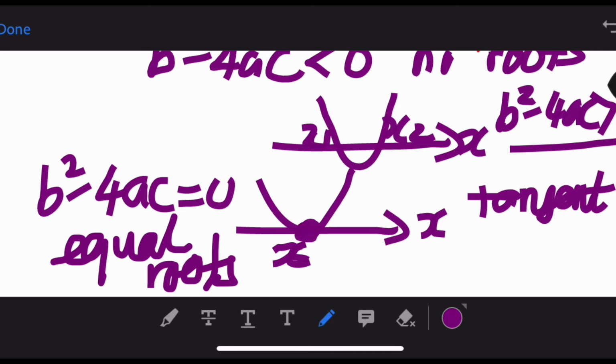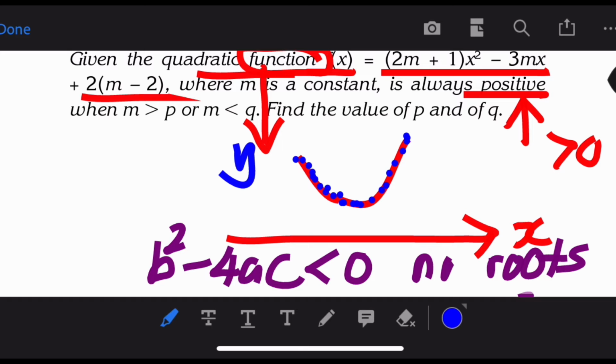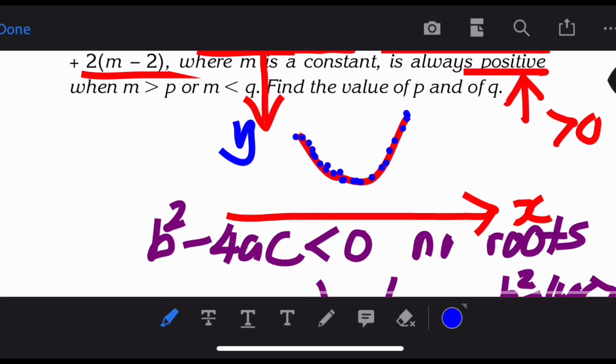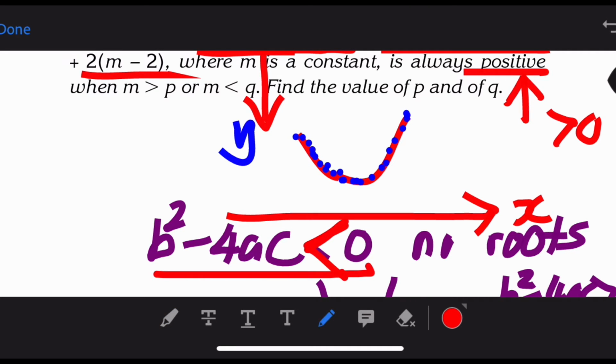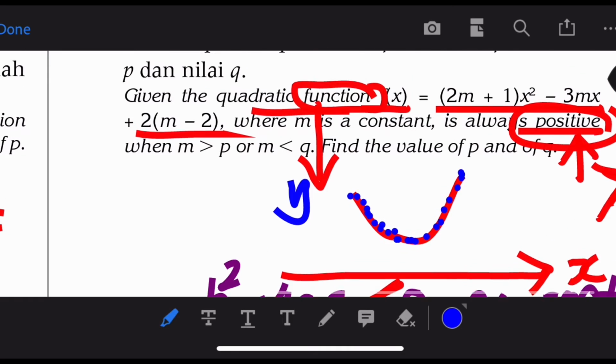Distinct roots, b² − 4ac > 0. And the function is always positive, it means b² − 4ac < 0. That is why many students get it wrong, because when they say positive, they always put more than 0. Very common mistake, okay? So I just highlight to you.